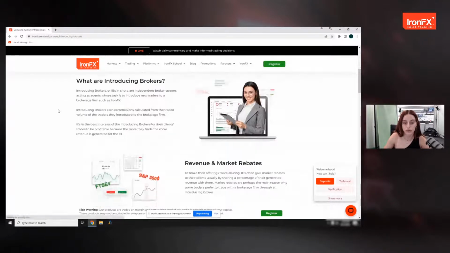Introducing brokers earn commissions calculated from the traded volume of the traders they introduce to the brokerage firm. It's in the best interest of the introducing brokers for their clients' trades to be profitable because the more they trade, the more revenue is generated for the IB.